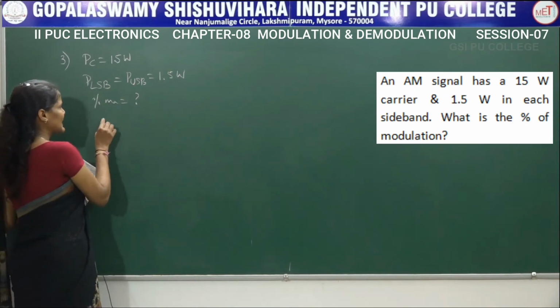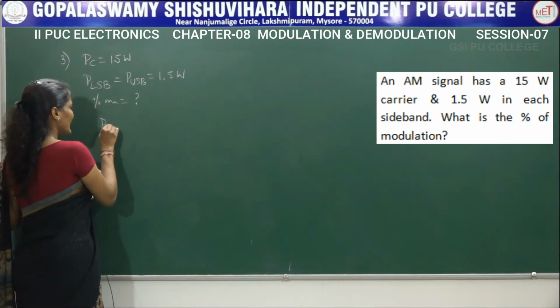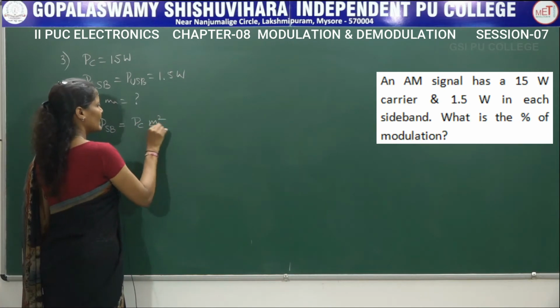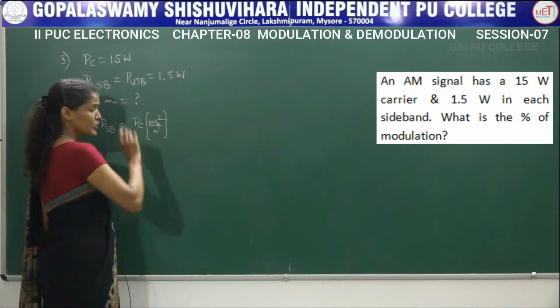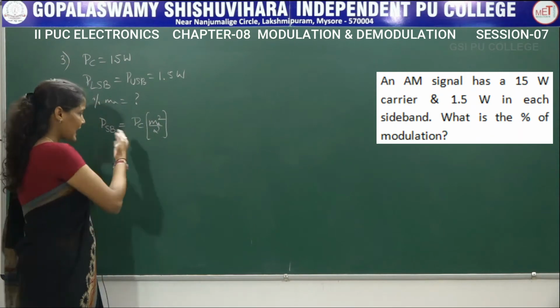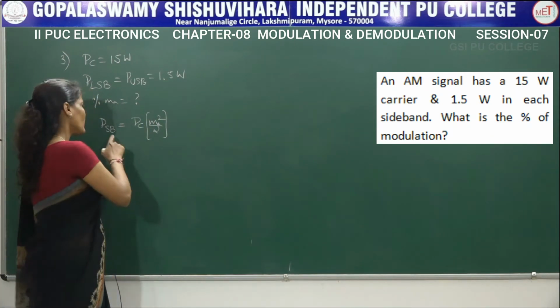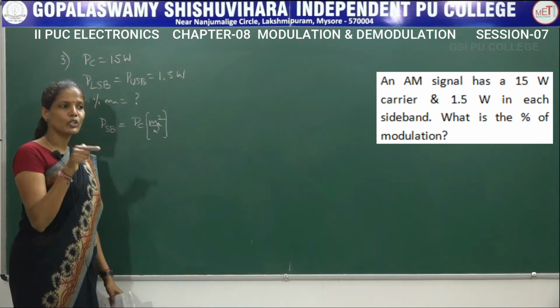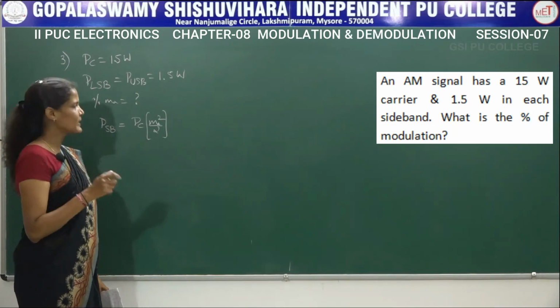So we have the relationship PSB equals PC into MA square divided by 2. We have already derived this expression in the last session. PSB is nothing but the power of the sidebands, which includes both the lower sideband as well as the upper sideband.